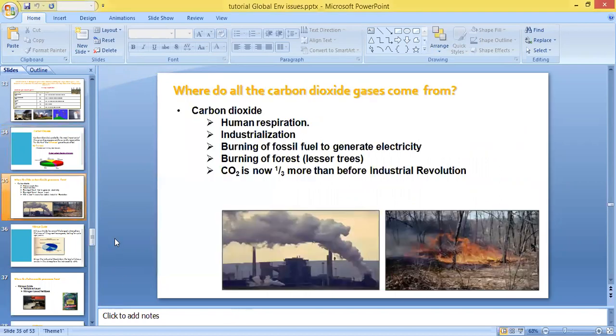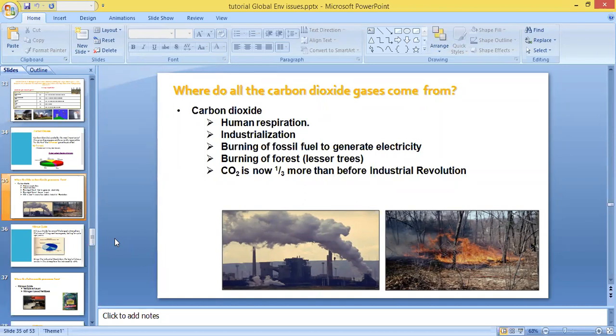Next is, where does carbon dioxide gas come from? It comes basically from human respiration, from the industrialization process, and from the burning of fossil fuels to generate electricity in power plants. We earlier saw that carbon dioxide is mostly emitted from power plants, and from the burning of forests, that is, fewer trees.